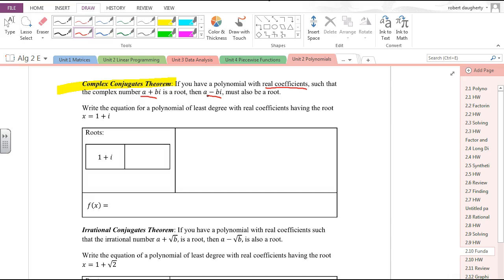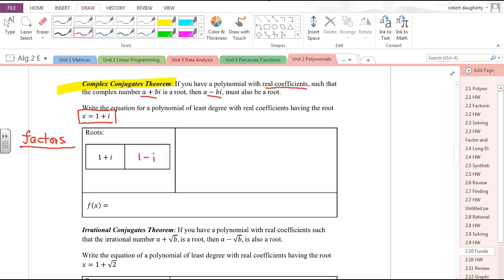Okay? So, write an equation for the polynomial of least degree with real coefficients, having the root x equals 1 plus i. If 1 plus i is a root, there must be another root, which is what? 1 minus i. It must have both of those roots in order to have real coefficients. So, if this is the root, what are my factors? How do you go from a root to a factor?